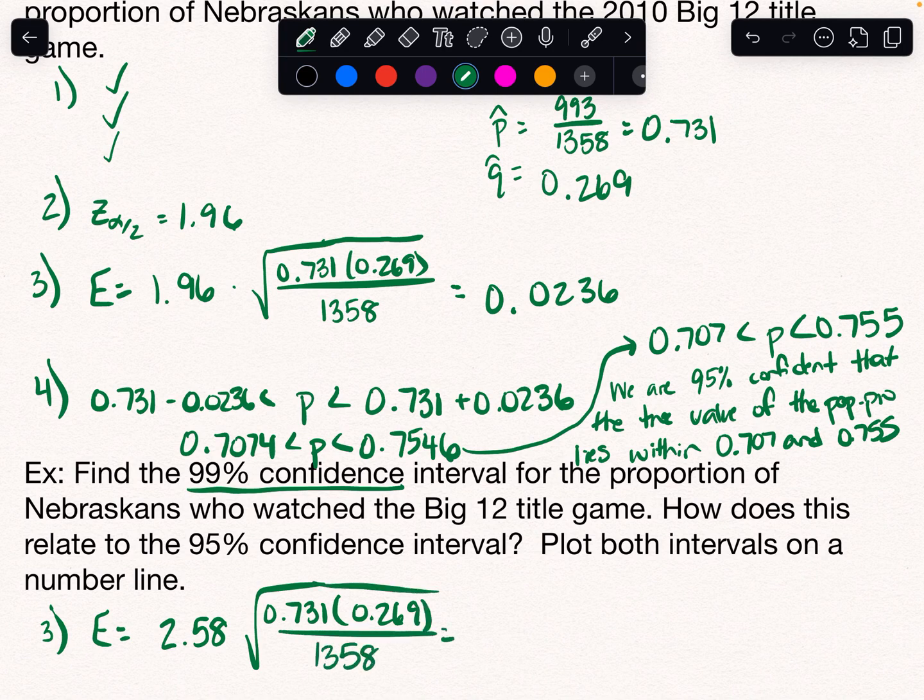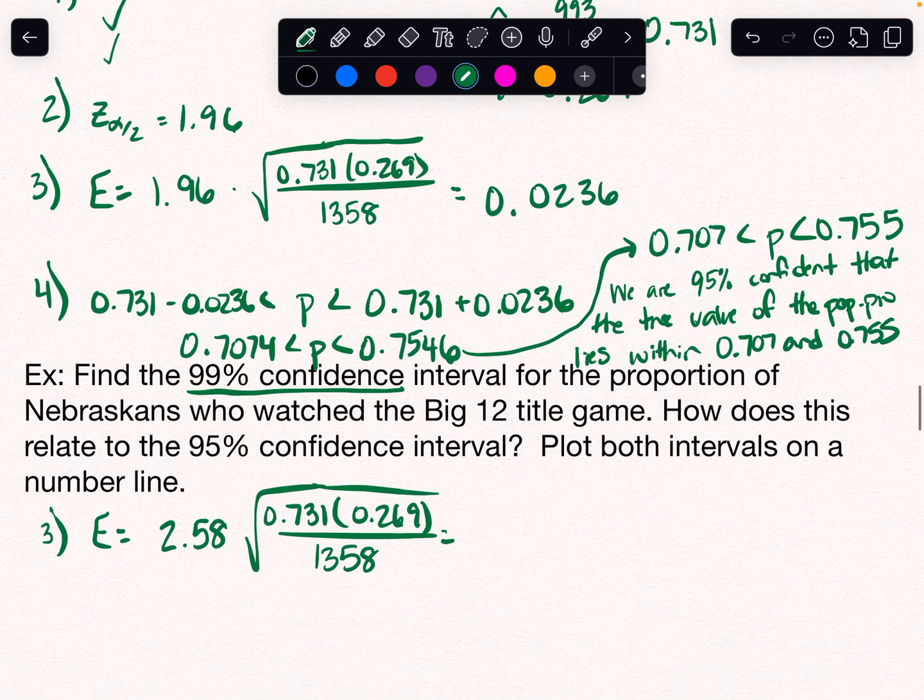So our margin of error is going to change, our proportion confidence interval is going to change, and then we'll see the connection between the two. Because we want to know, is it better to be 99% confident or 95% confident? We shall see.